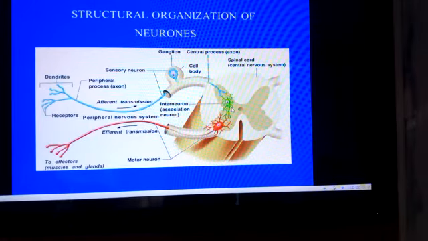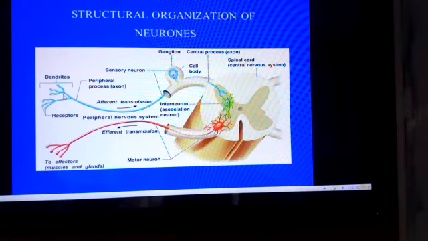The motor neuron arises from the central nervous system, that is the spinal cord, and one of its ends is connected to the effectors. But for the sensory neuron, one of the dendrites is actually connected to the receptor cells, and we said receptor cells are located on various sense organs, either the skin, the ear, the eye, the nose, and even the tongue.